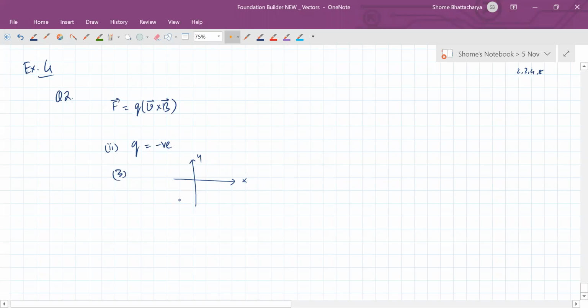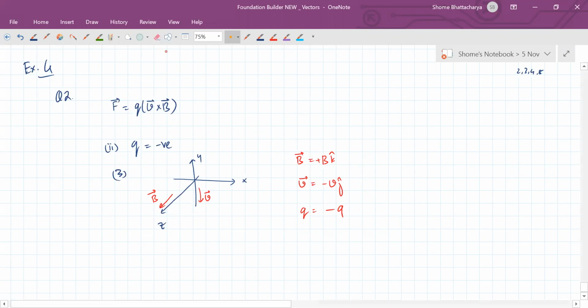Now they've drawn the diagram such that it is shown that the capital B vector is along the z-axis and the velocity vector is along the negative y-axis. So we can write B as plus B k cap, and we can write V as minus V j cap, and we can write Q as negative of some value.